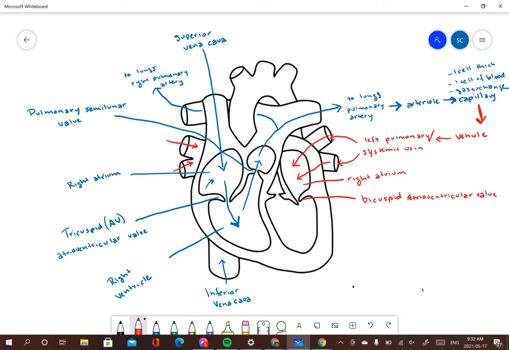Okay, then the heart is going to beat. Again, this happens at the same time as the right atrium beating, but in our walkthrough, it just helps to do it as two separate sides. So then the heart beats, forces the blood through the bicuspid into your right ventricle.